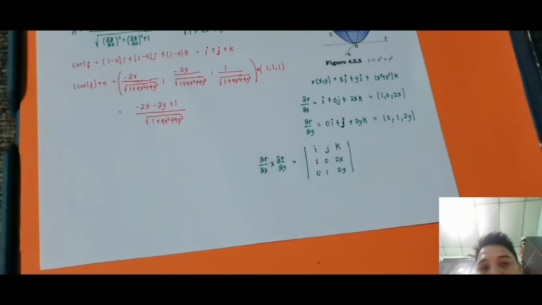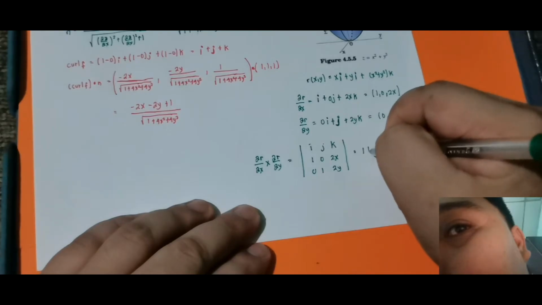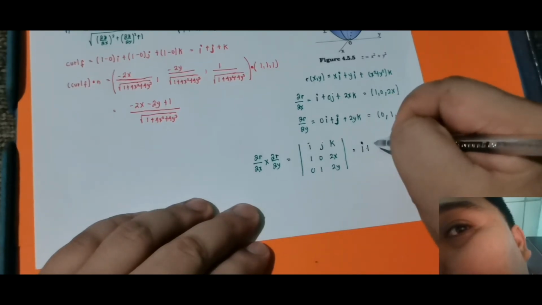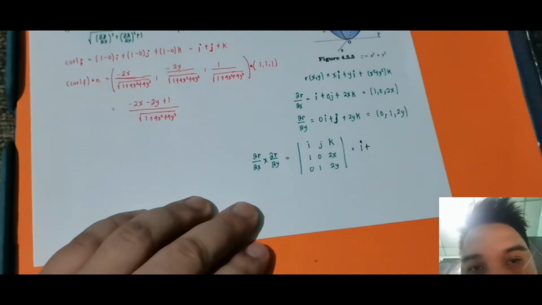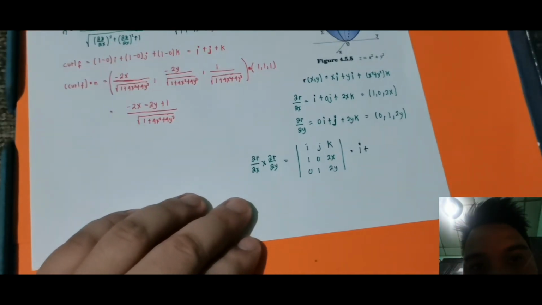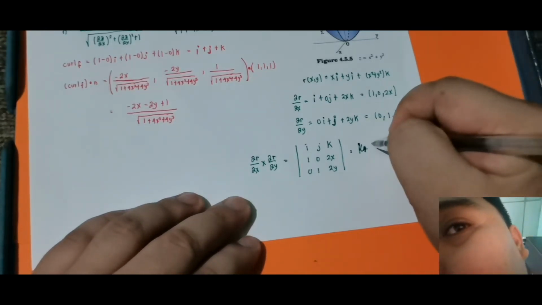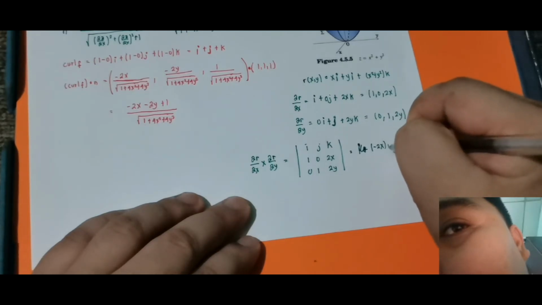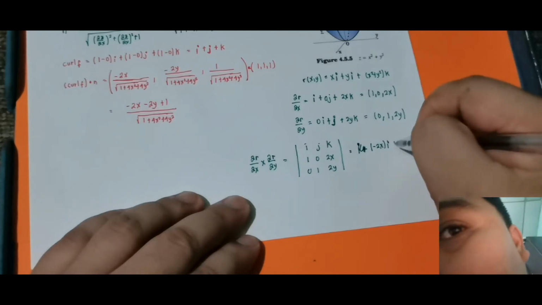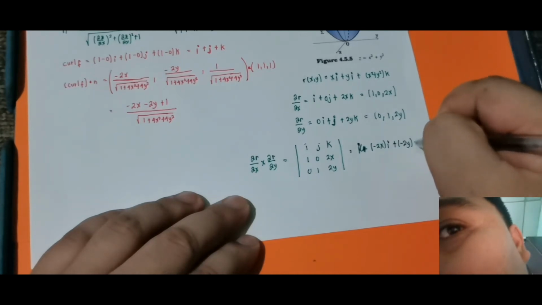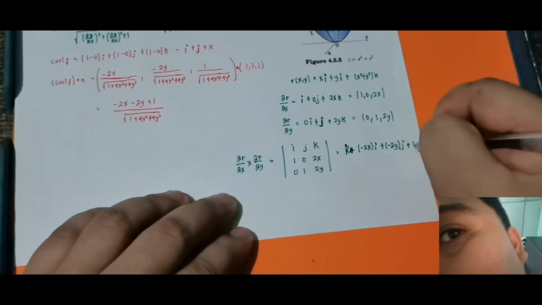Lumalabas na siya ay equal sa negative 2x i, negative 2y j, plus 1 k.